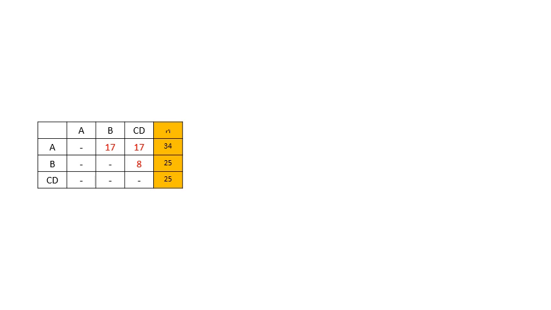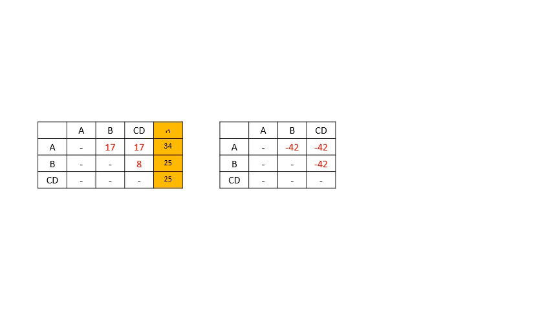Okay, so go back to that slide, see the formula and try to compute the values yourself. I'll just show you the values here. When you compute the D prime matrix, it will look like this. So distance between A to B is -2, distance between A to CD is -42, and distance between B to CD is also -42. These are the corrected distances now.